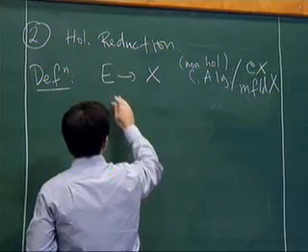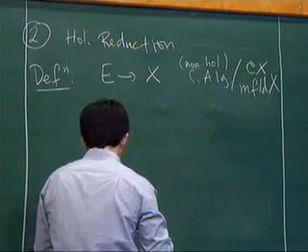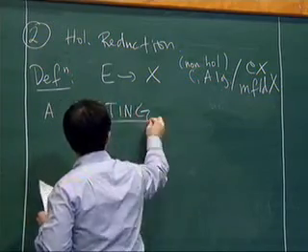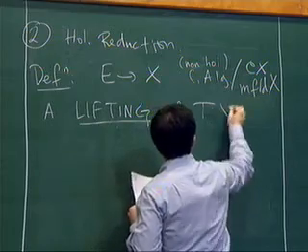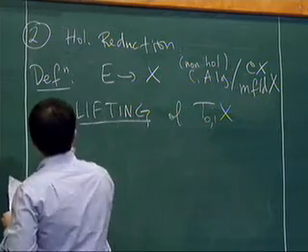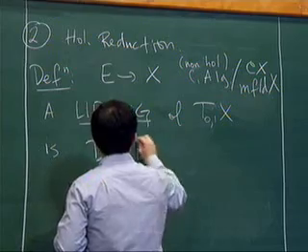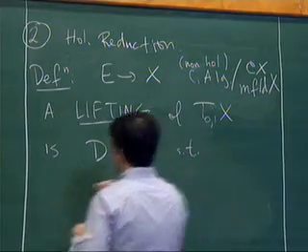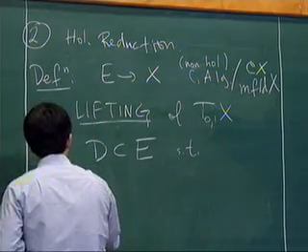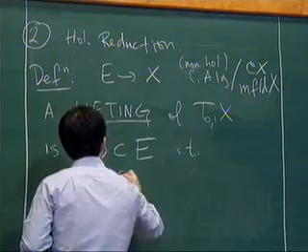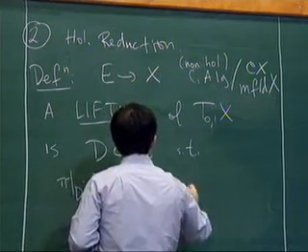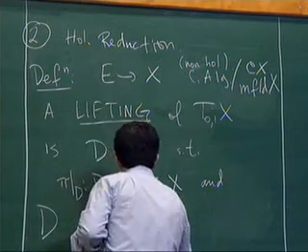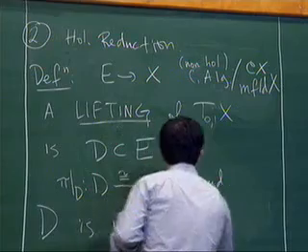So the definition is, if we have one of these Courant algebroids over a manifold, then a lifting of T01 X is a subbundle D of E such that the anchor map of E, restricted to D, gives an isomorphism to T01 X, and D is involutive and isotropic.